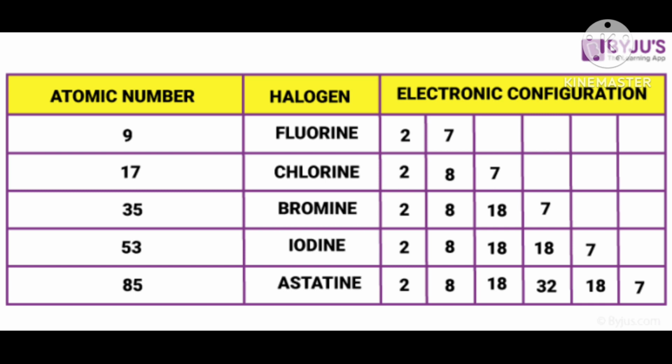The halogens are highly reactive non-metallic elements, like group 1 and group 2. The elements of group 17 show great similarity amongst themselves.